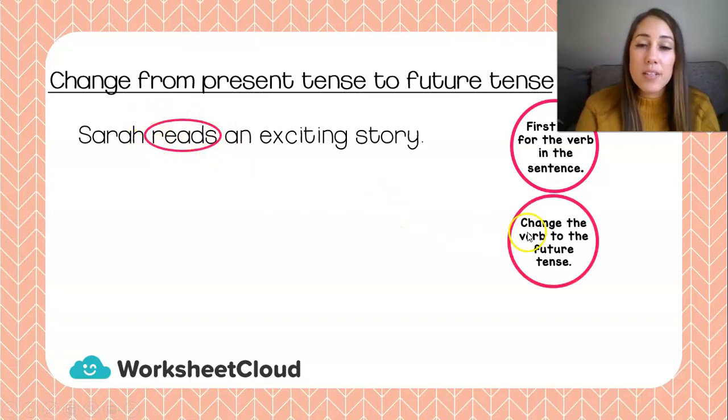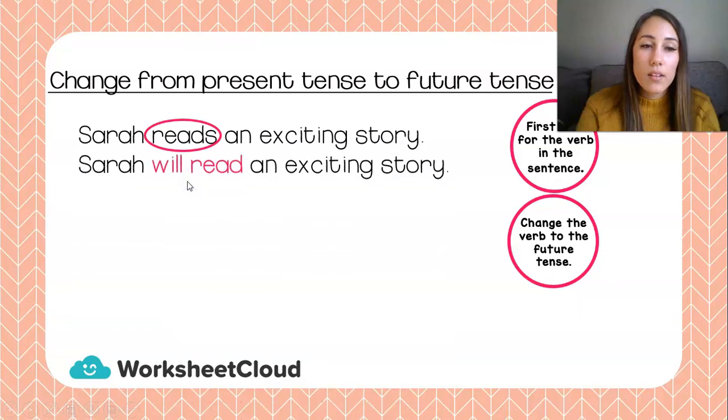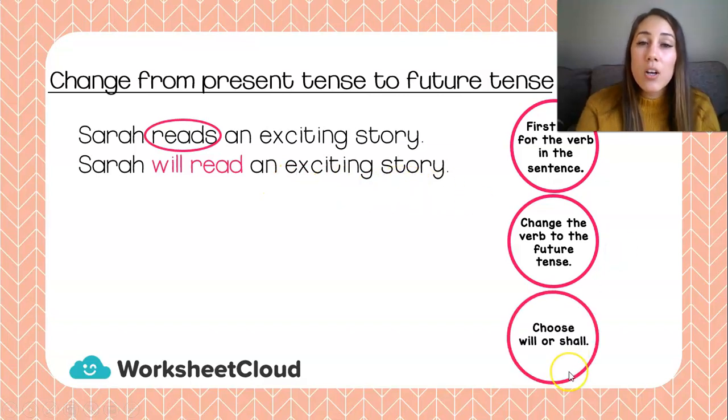My second step is I'm going to change that verb to the future tense. Now I need to change reads to will read. Sarah will read an exciting story. And then my last step is I need to choose will or shall.